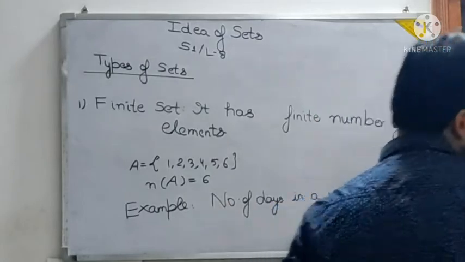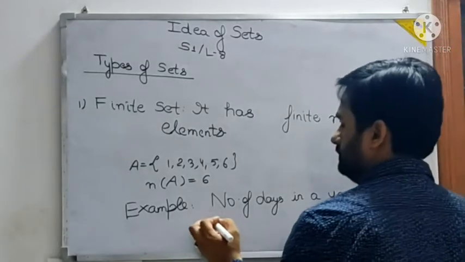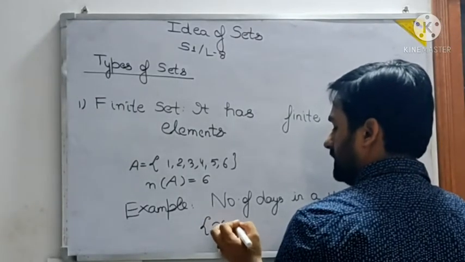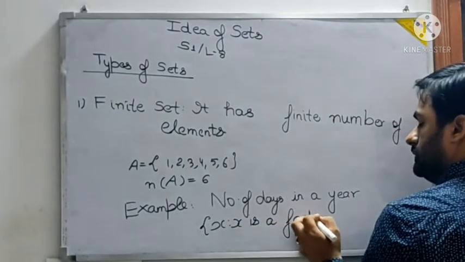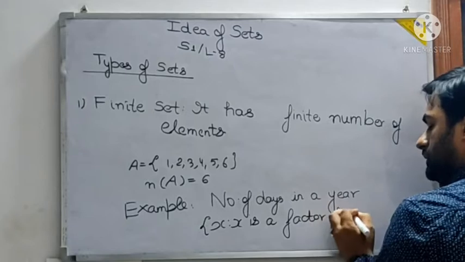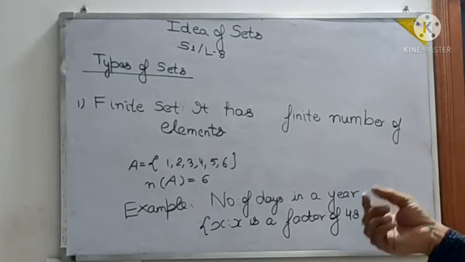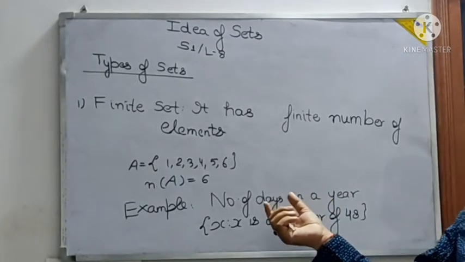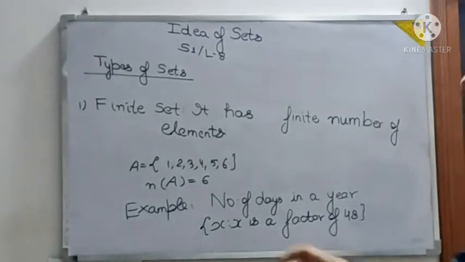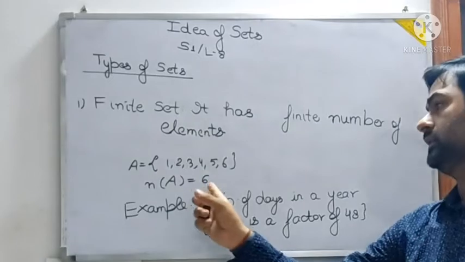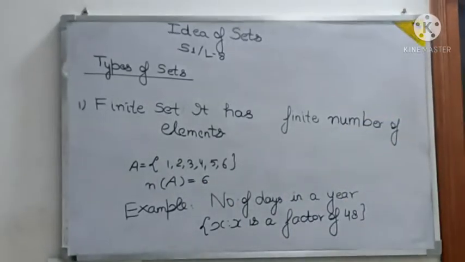Another example: x such that x is a factor of 48. That means when we write the elements for these two conditions, we can count them and we can write n of the name of the set equal to some number. This is a finite set. I hope I have made it clear to you now.